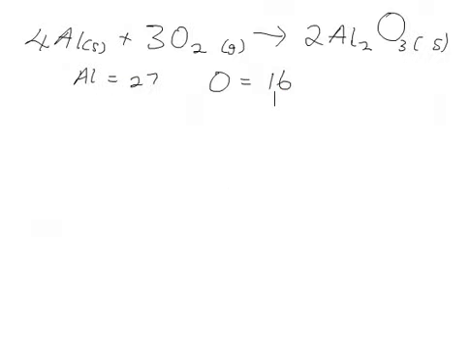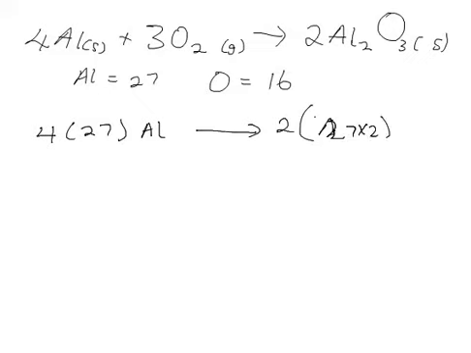So you state here, from here you can see that 4 of this solid aluminium will give 2 of this aluminium oxide, right? So you can make a balance. 4 of 27 of aluminium gives 2 of, so the 27 times 2 plus 16 times 3, of aluminium oxide.